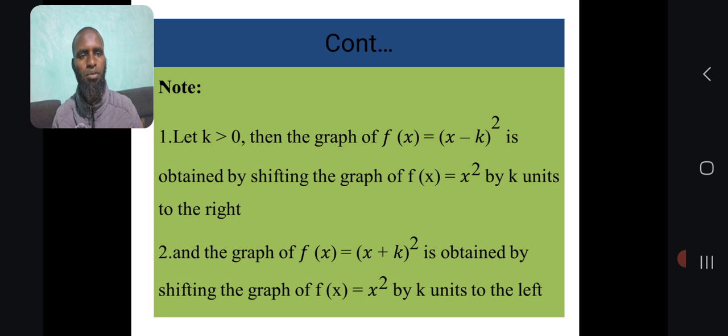And when you come to x plus k, the whole squared, the value which substitutes x will be a negative number, because x plus k equals 0. We will have a negative k, which means that it is shifted to the left by k units.